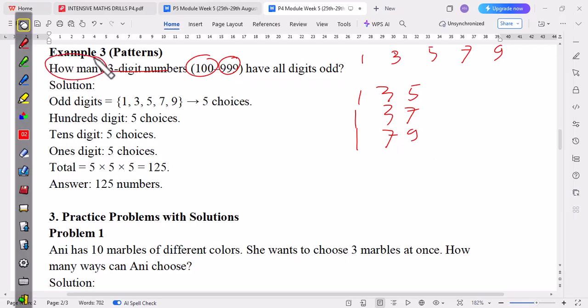If they ask us to find what the numbers are, we need to list 135, 137, 179.